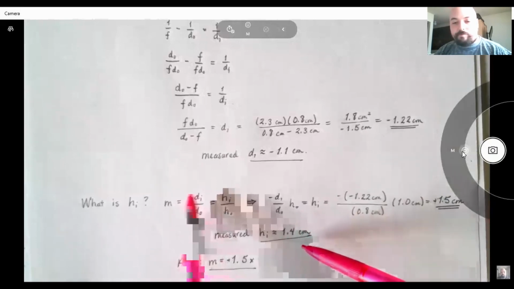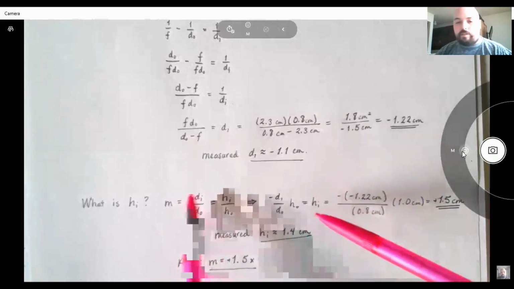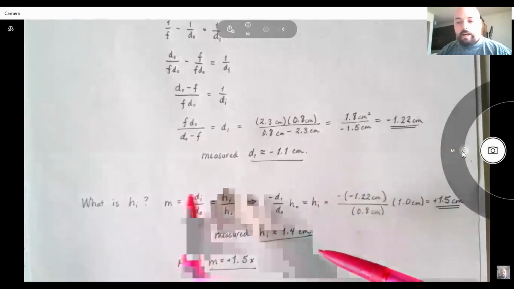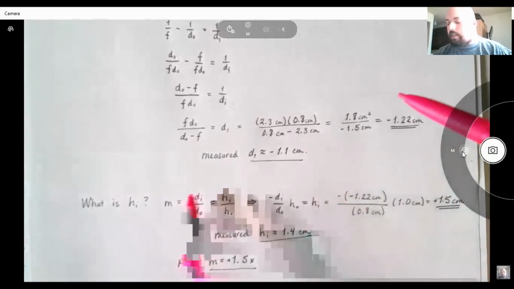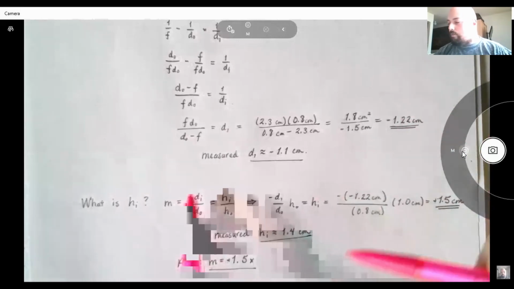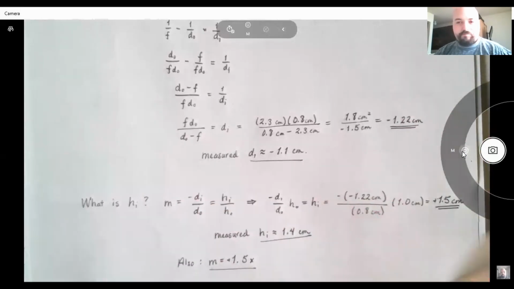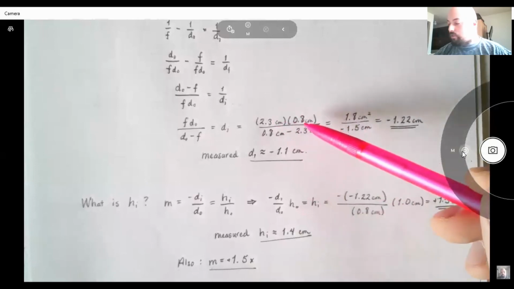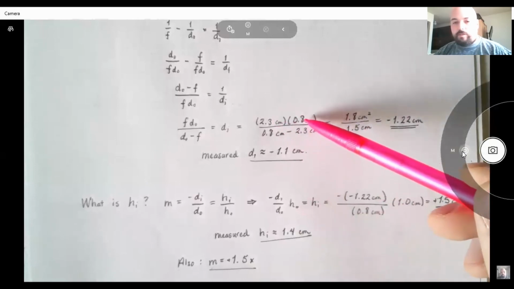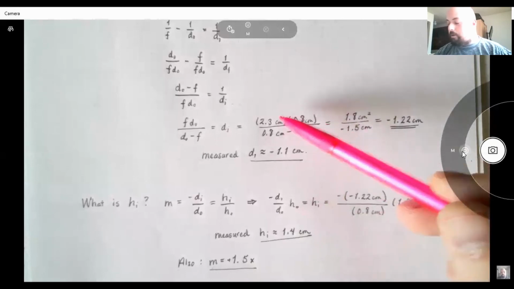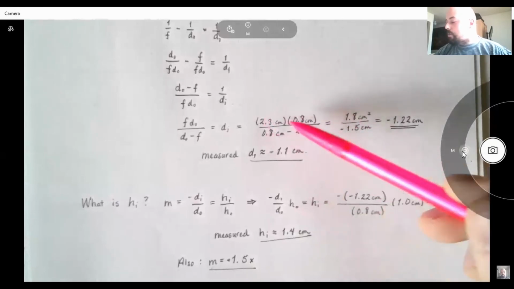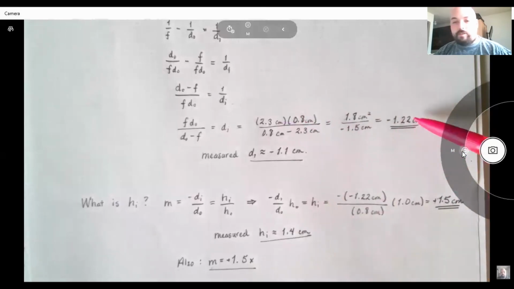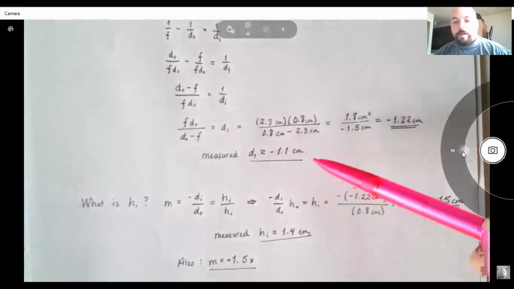And if we measure that using a ruler, we find approximately the same, at about 1.4. Note that the differences between the algebra and the actual measured quantities can come from quite a few different things. Notice here that I'm only going to the first decimal place in my measurements. If I were to do more precise measuring, I may find that this gets a little closer to what I measure here.